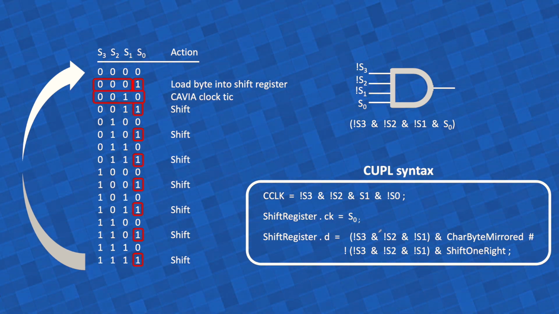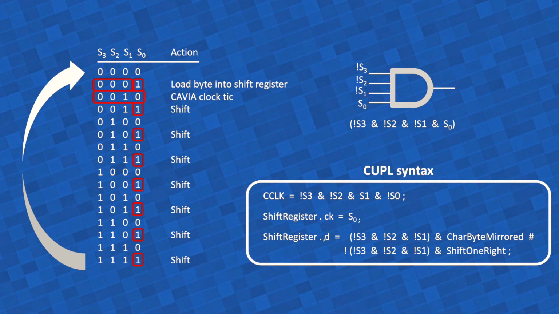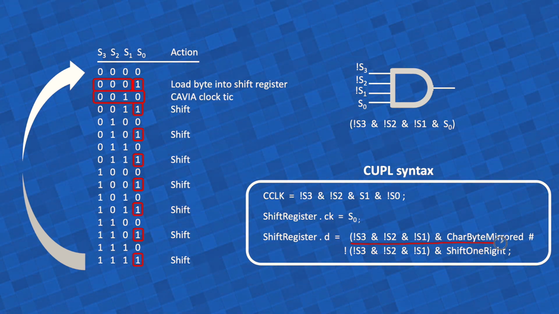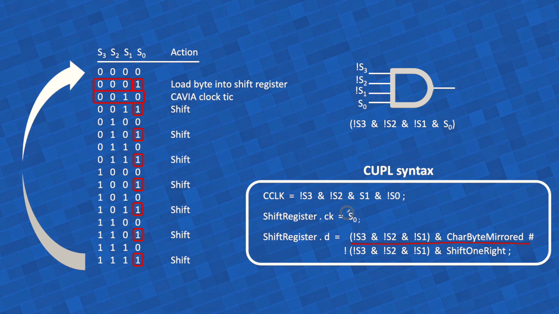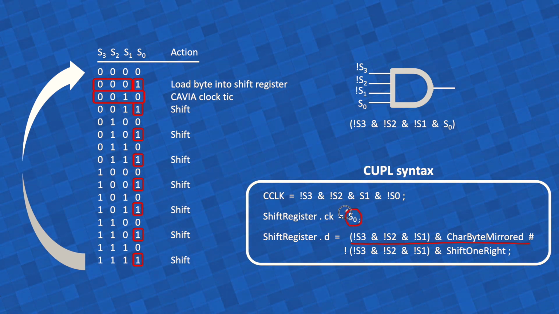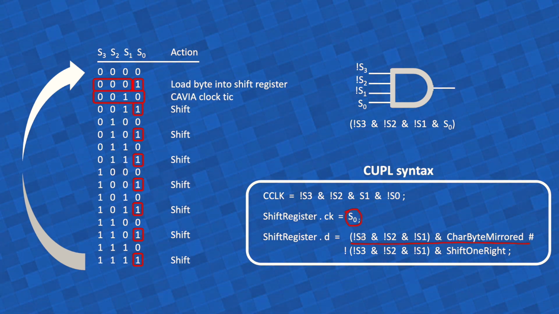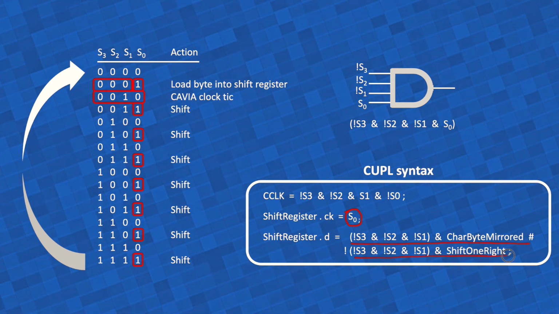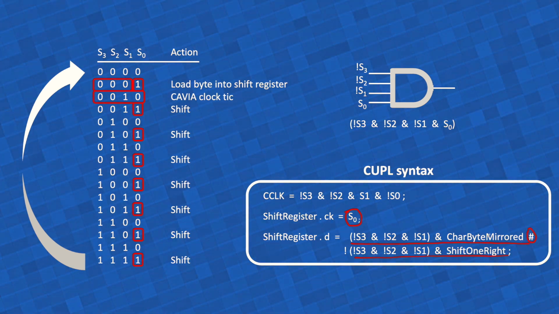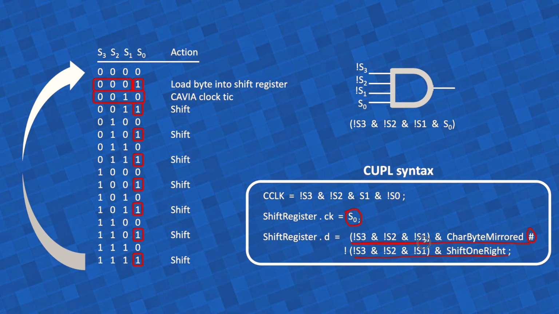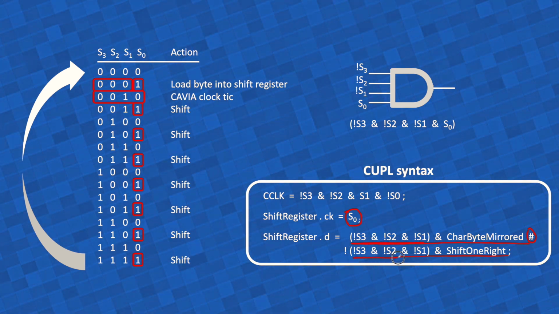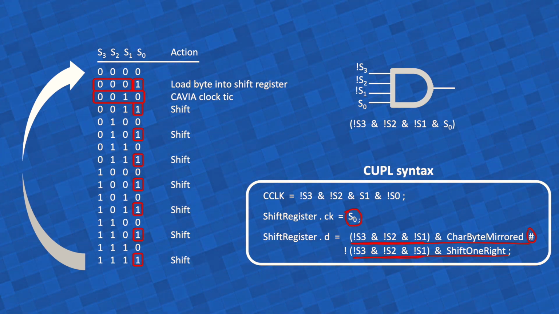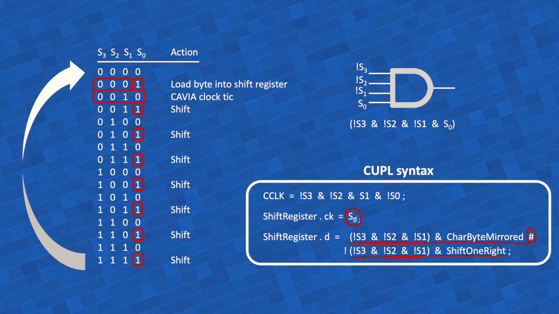For the following reason. The flip-flop will latch its inputs on the clock tick. So as soon as S0 becomes 1, the flip-flop will latch, and it will either latch the top or the bottom. Here's the OR, depending on whether this term here is positive or negative. But you see that latching will happen as soon as S0 becomes 1.